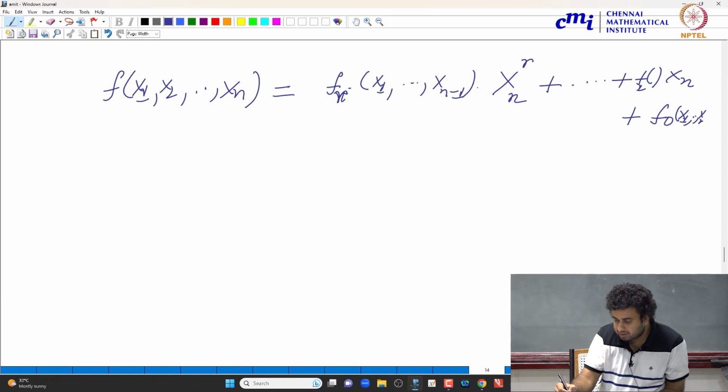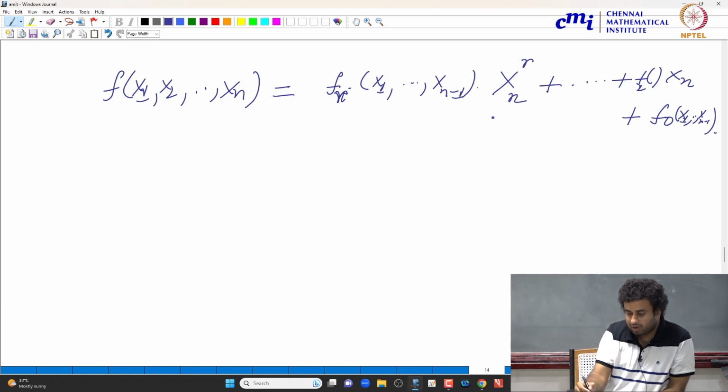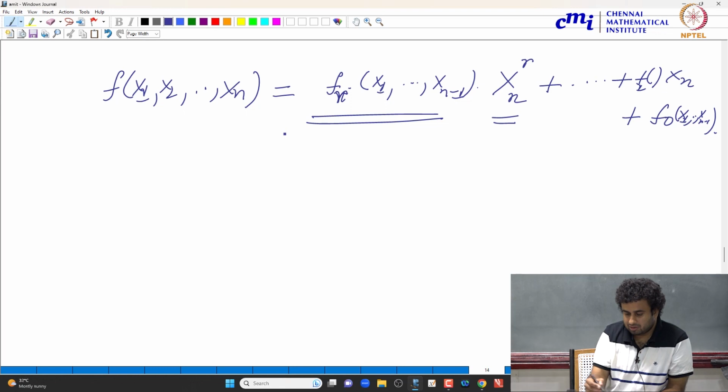So what I did is I separated out one variable xn and tried to express this polynomial as a univariate polynomial in xn, but obviously the coefficients are themselves polynomials in the other variables. So the n-variate case you have to reduce to the n minus 1 variate case. This is a natural way to split the polynomial.